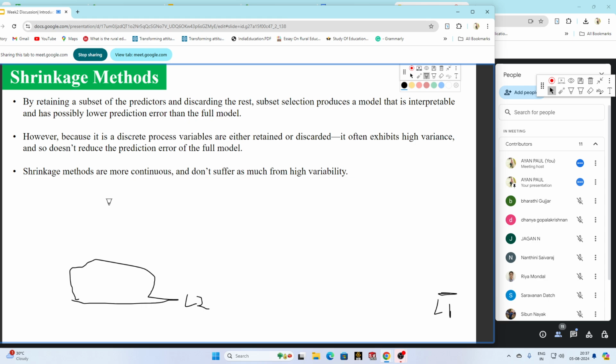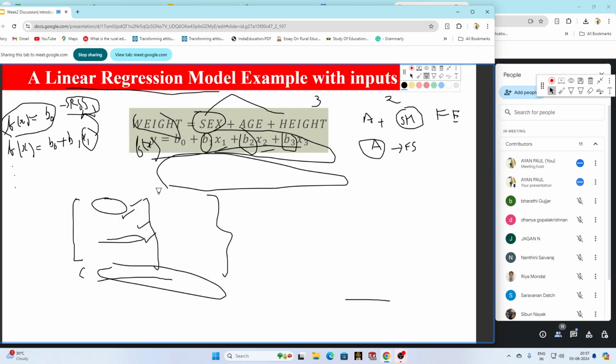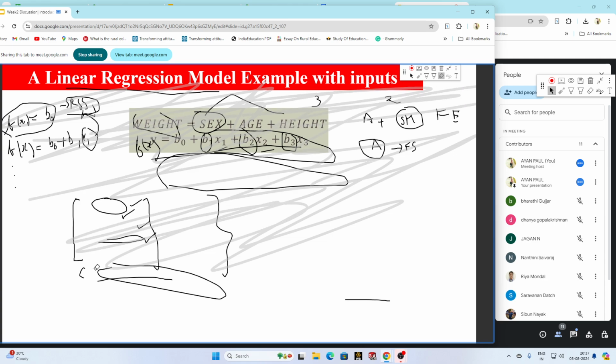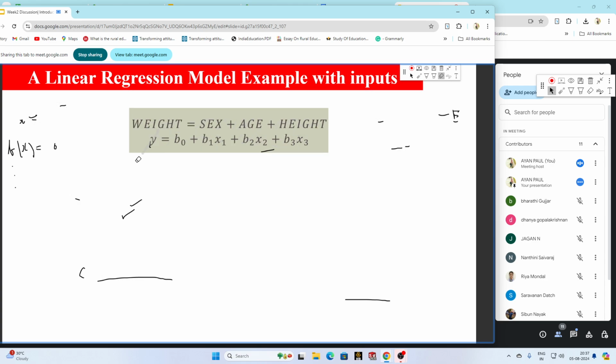we select all the features, but shrink the coefficients. What does that mean? Look at this equation. One form of dimensionality reduction is subset selection, which means either you consider an input or discard it.